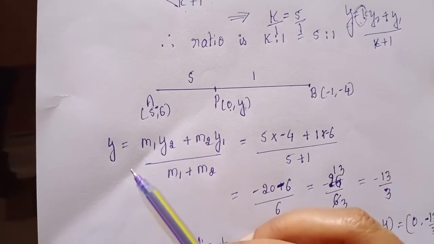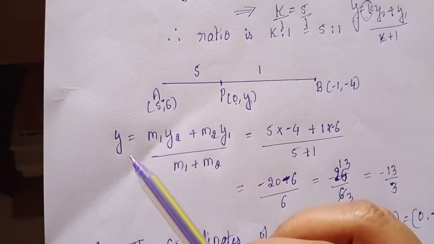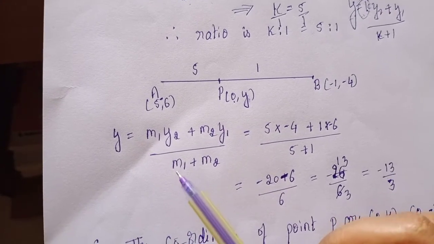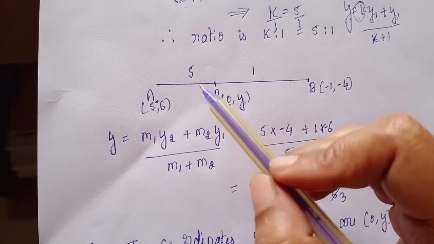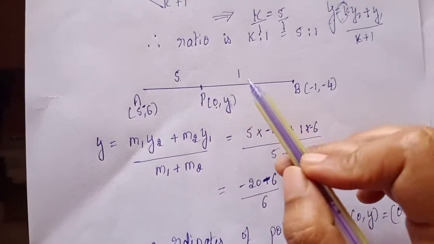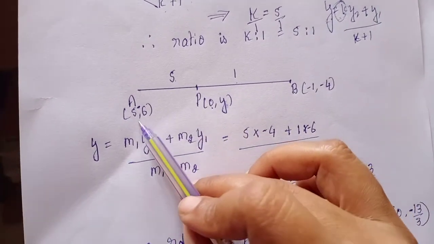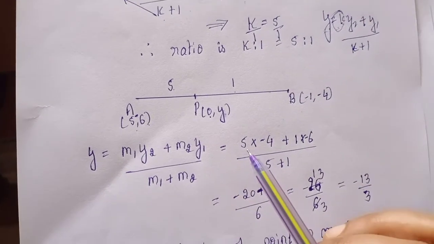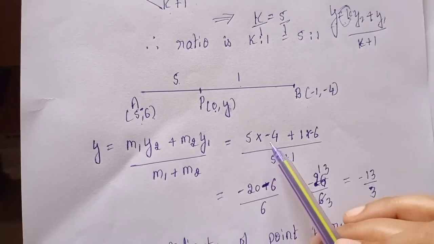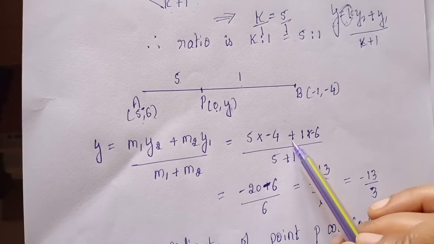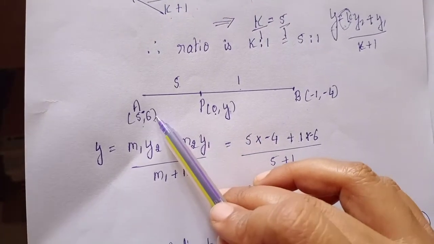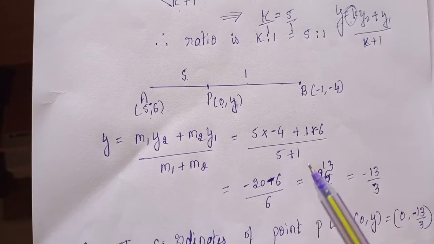So consider the original section formula y value. y equals m1 y2 plus m2 y1 whole divided by m1 plus m2. So what is m1? m1 is 5, m2 is 1 and this is x1 y1 and this is x2 y2. So m1 is 5 into y2 is minus 4 plus m2 is 1 into y1 is minus 6 divided by 5 plus 1.